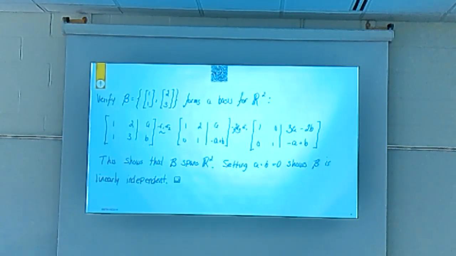Oh, by the way, I just found my coordinate vector. C1 would be 3A minus 2B, right? C2 would be negative A plus B. So there's our coordinate vector.